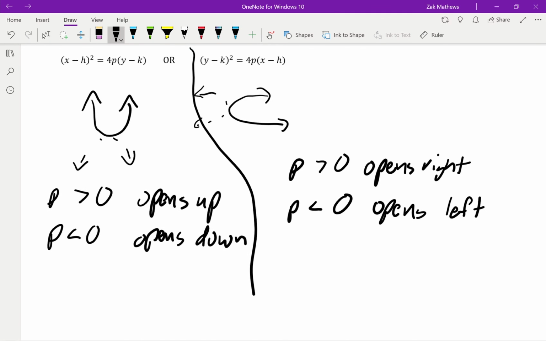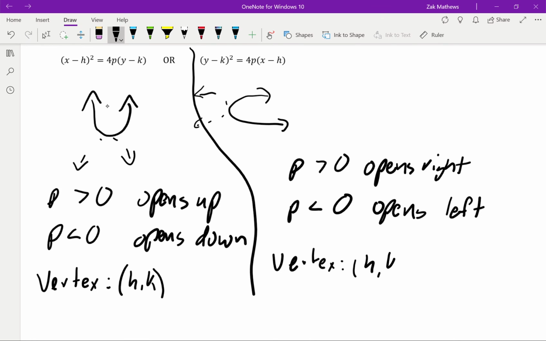p does tell us a little something extra, so I'm going to pause on that for just a second and talk about the other thing that we knew before, which is the vertex. The vertex is the point (h, k). h is with the x, the k is with the y. Here it's the exact same thing, still (h, k), but notice h and k are now on opposite sides.